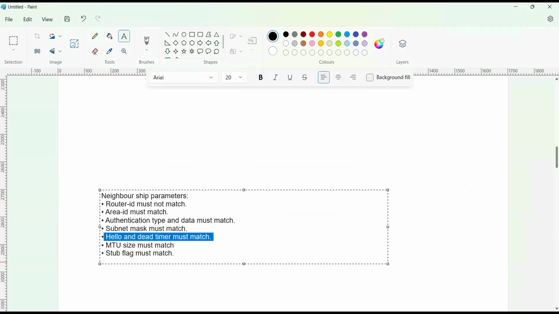Whichever we are using, 10 here and 10 on the other side. Then only neighborship will form. And MTU size, whichever is sent in the packet, must match. Stub flags are an advanced concept, but stub flags must also match. These are all the neighborship parameters.